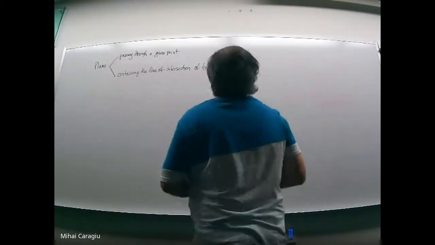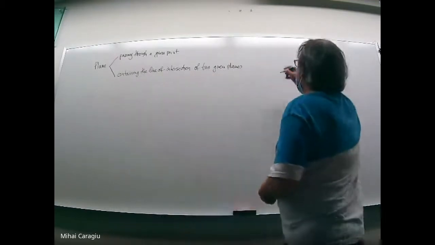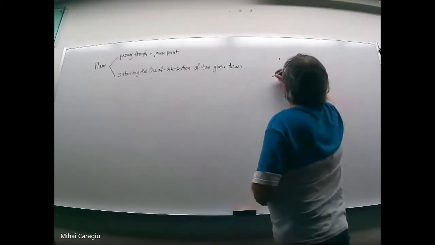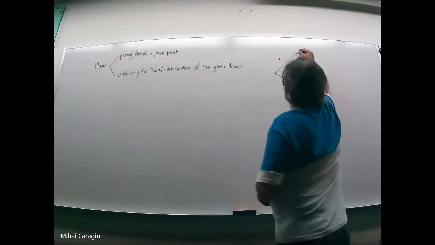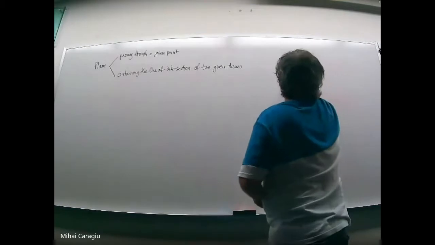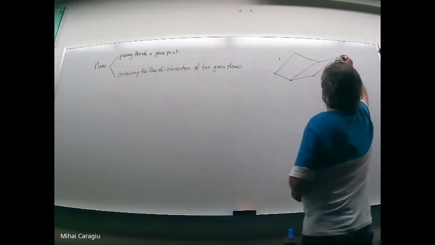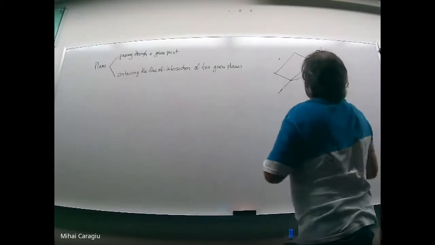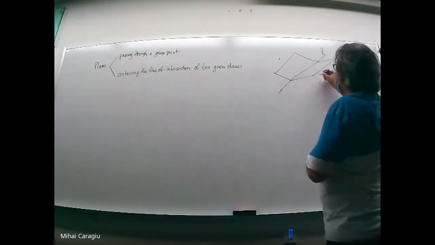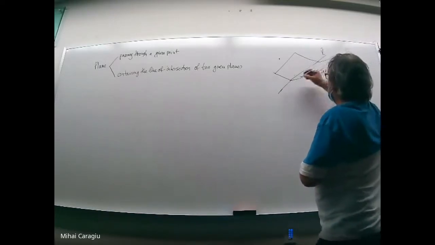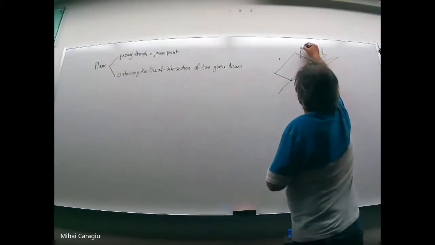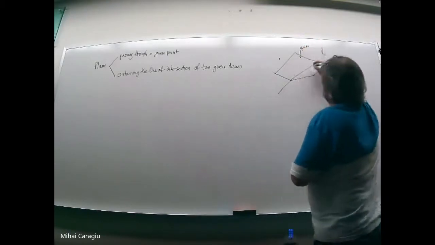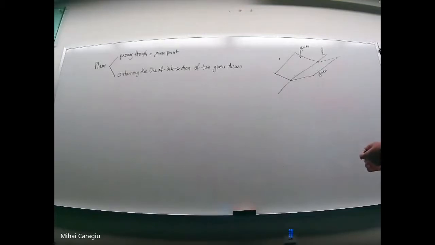So, what are we given? We are given a point and two given planes, and the two given planes have a line of intersection L. So this plane is given, this plane is given. This line L can be found, and then this point is given.